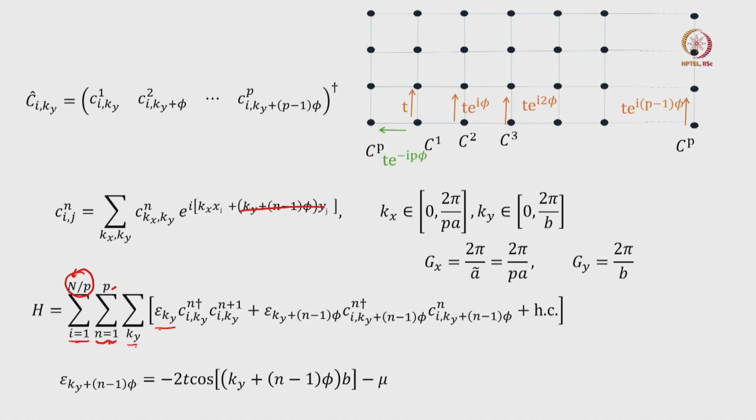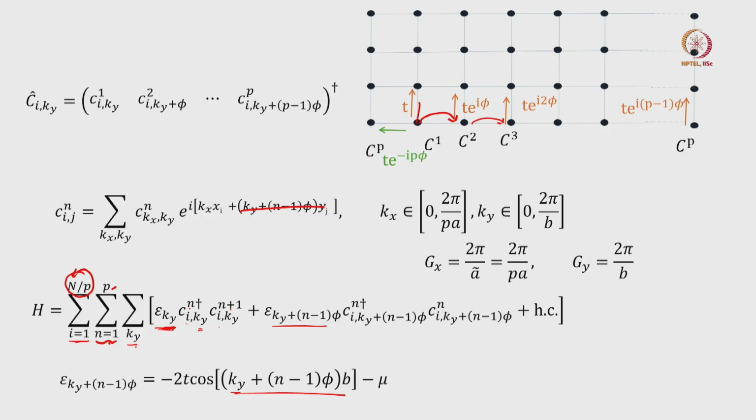So this is still in the Fourier space. This is the hopping now, because hopping now depends on ky for each side, going from n to n plus 1. So it will be like this, and the second one will be like this. Along this direction I have already taken e to the power ky.